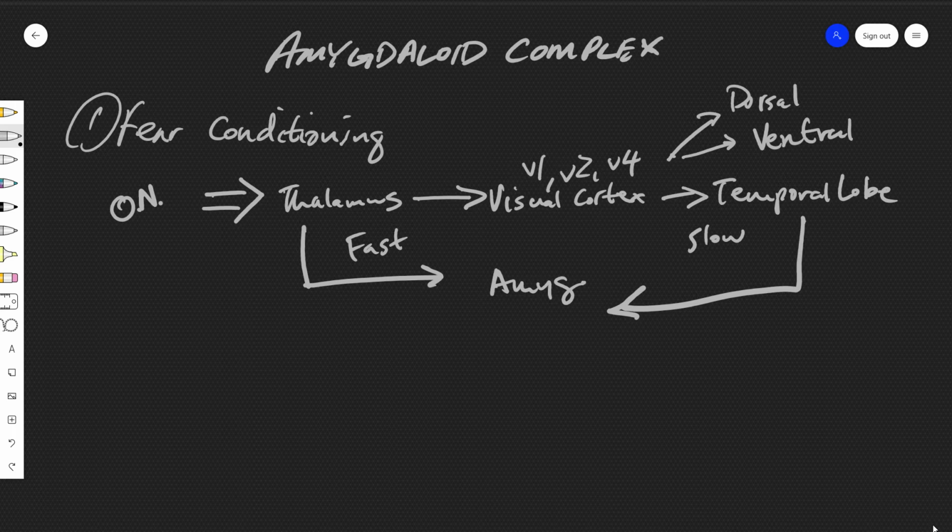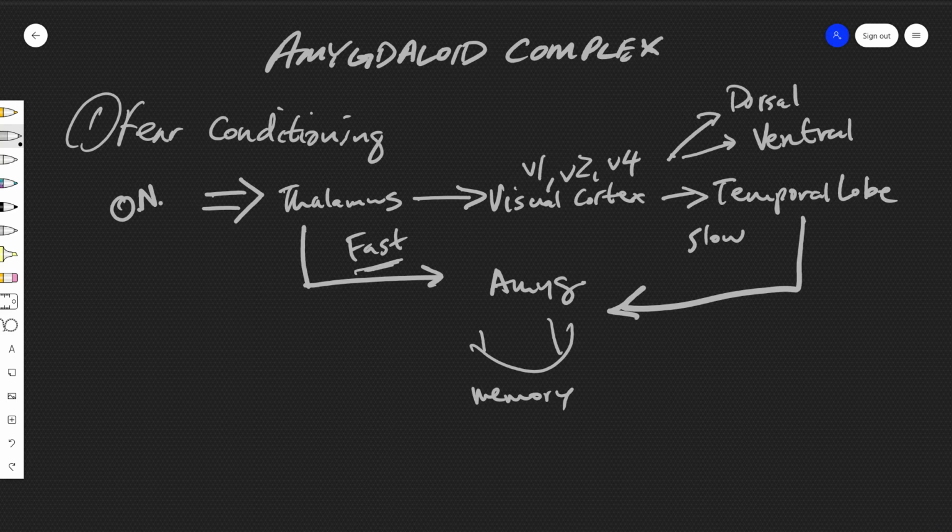And the idea behind these two pathways is that this fast pathway carries in data very quickly into the amygdala for processing fear and dangerous situations, whereas this temporal lobe brings in much more detail-rich processing of this, in this case, visual information to hand off to the amygdala before it outputs into, for example, memory or autonomic responses to the situation.